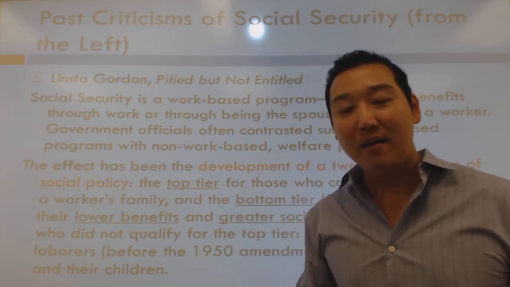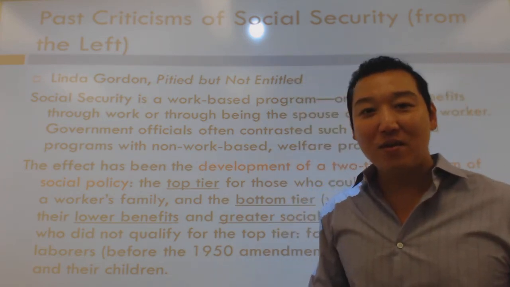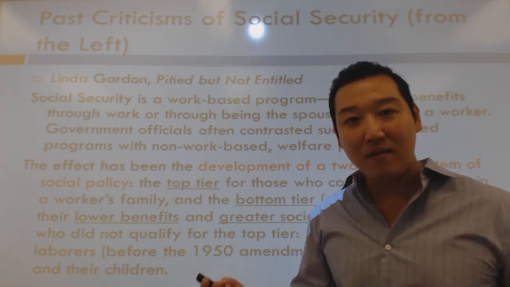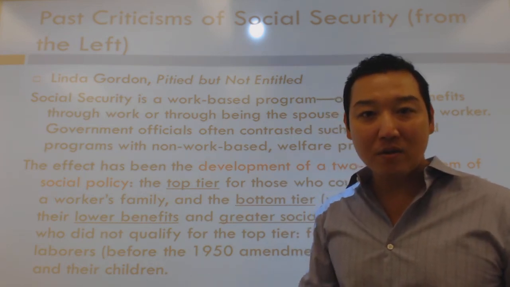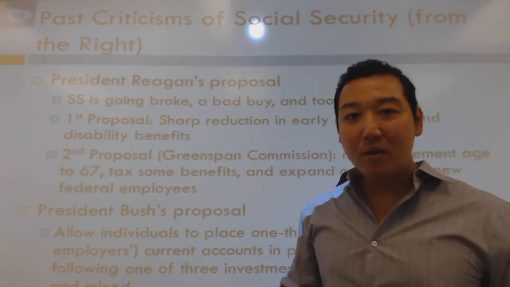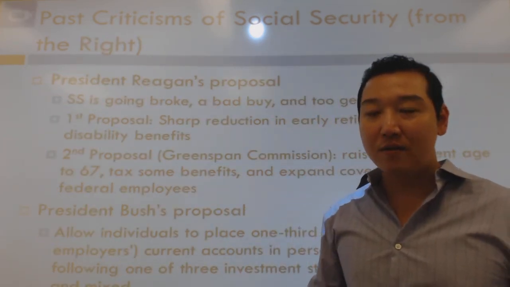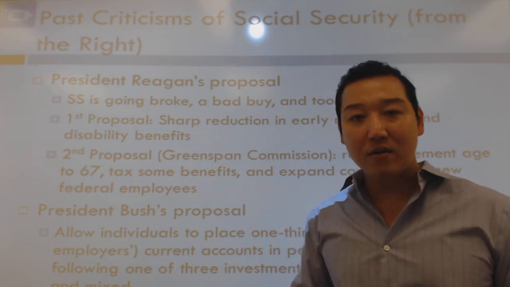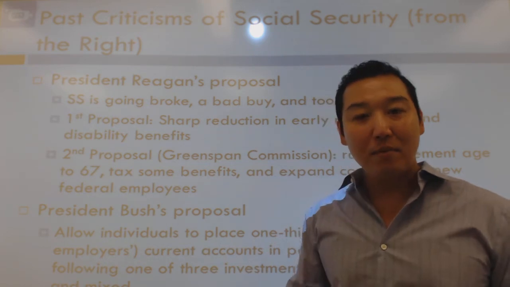This sort of argument doesn't resonate with me too much, which is why I don't stress it, but I just want to point out, to be even-handed, that there might be criticisms of Social Security both from the left and from the right. But certainly we have criticisms of Social Security from the right. We're talking about conservative criticisms from President Reagan, President Bush.